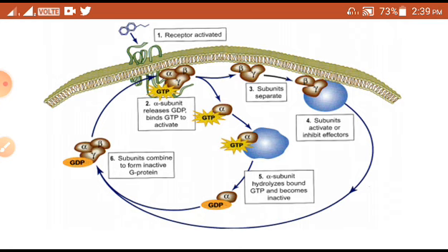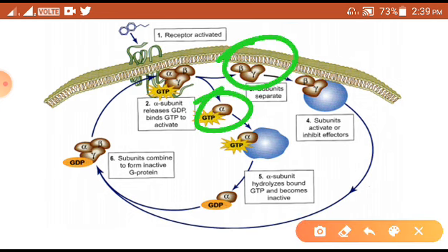You can see the alpha subunit releases GDP and binds GTP to activate. Once the alpha is activated, it separates from the beta and gamma. You see the beta and gamma have gone this way, and the activated alpha came and bound on the effector. This is the effector part, right?